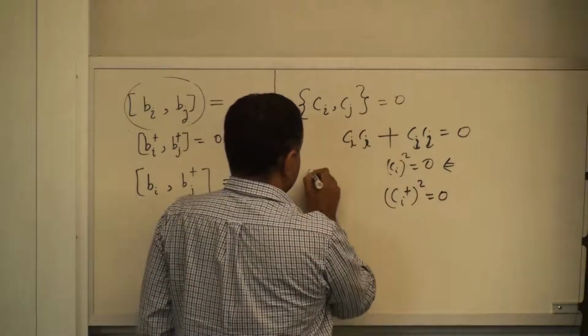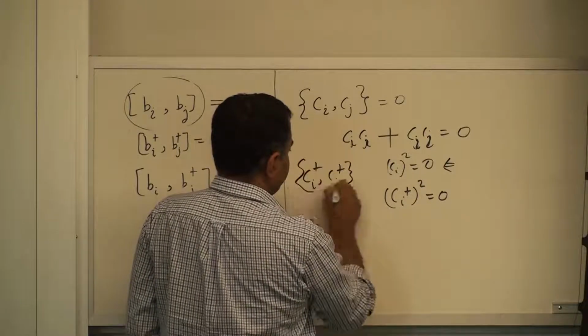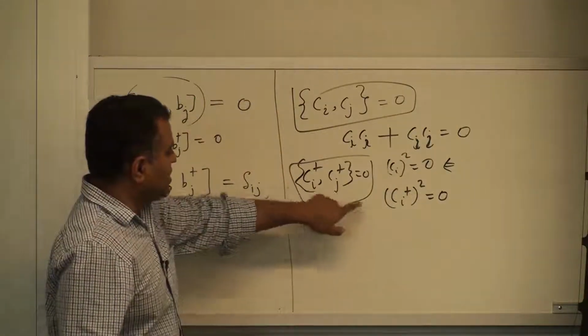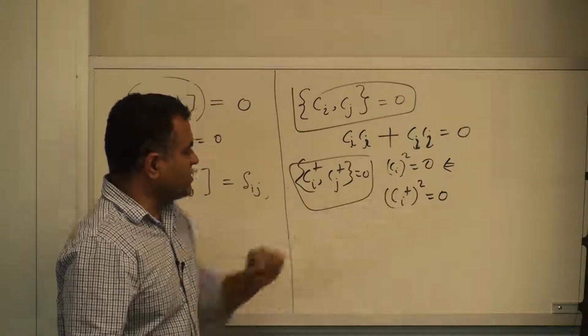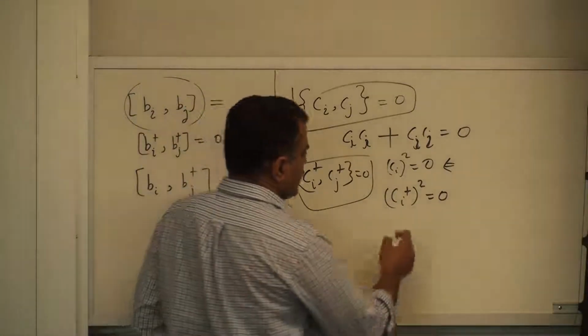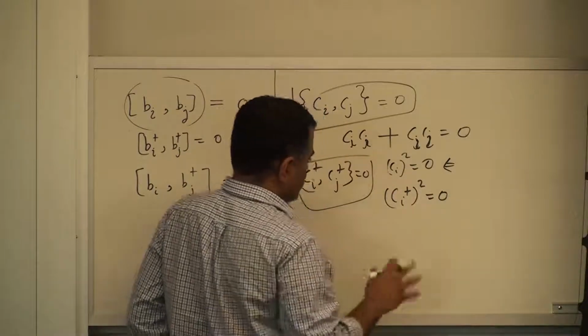From this, because Ci comma Cj dagger, that is also 0, right? So these are the two relations, and Ci dagger squared equal to 0 is the Pauli exclusion principle, that you cannot put two particles in the same state. And as a result, anything higher than that would also go to 0.